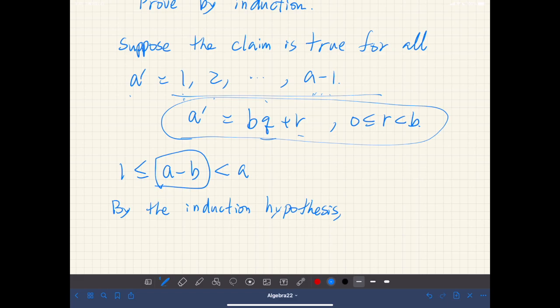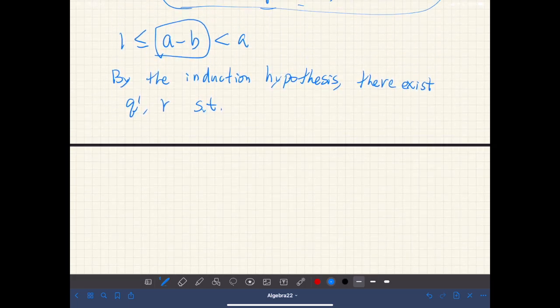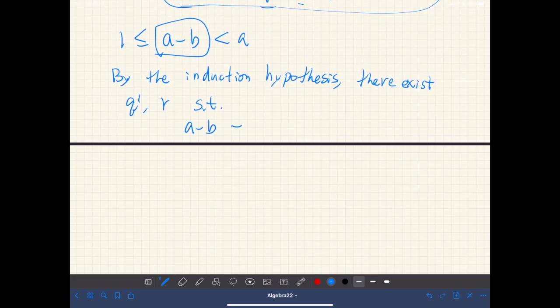By the induction hypothesis, there exist q prime and r such that a minus b is equal to b times q prime plus r, where r is greater than or equal to 0 and less than b.